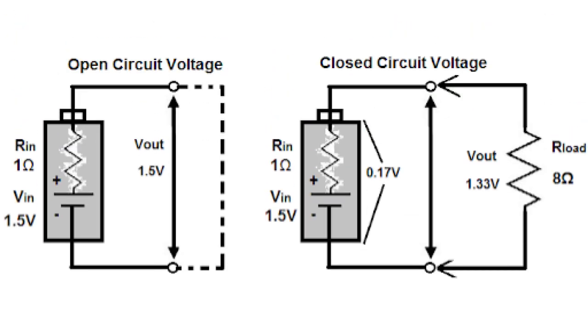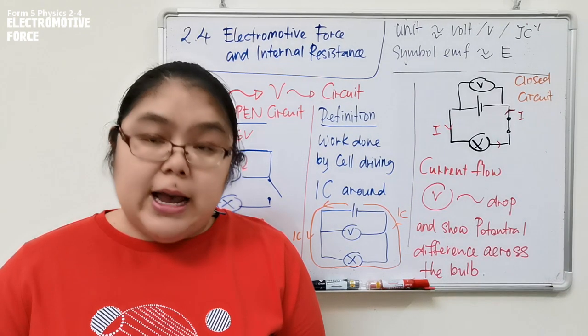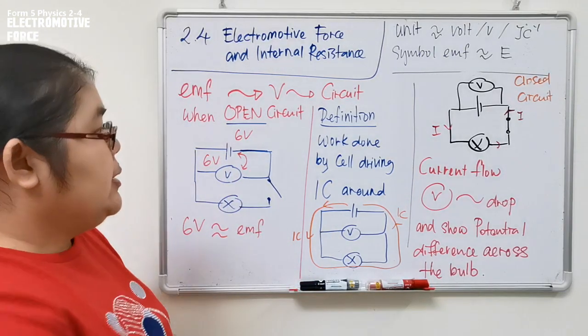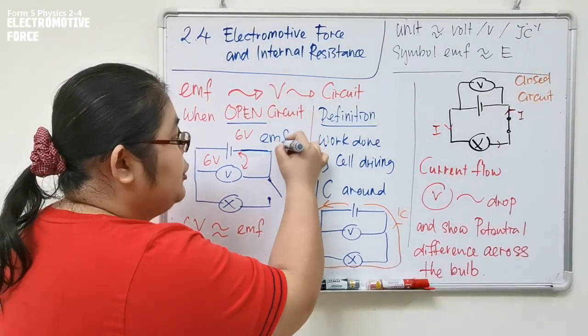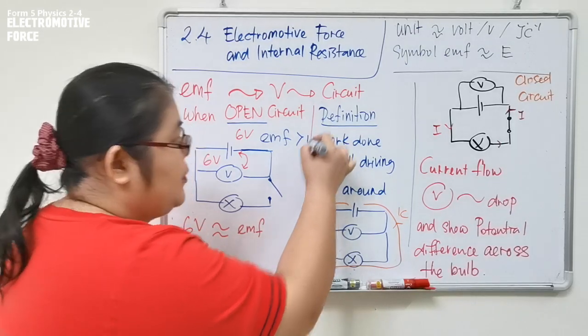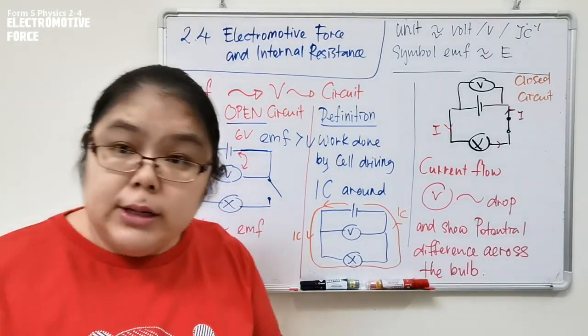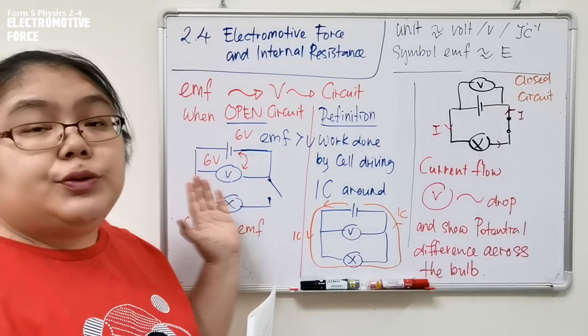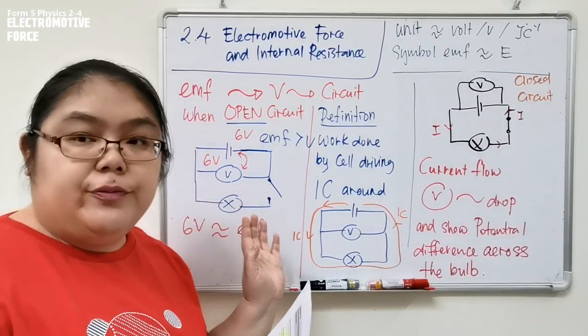So from here, let's see the closed circuit diagram. From here, I can make a conclusion. EMF is sure bigger than potential difference. Agree? Okay, EMF is the actual battery voltage.